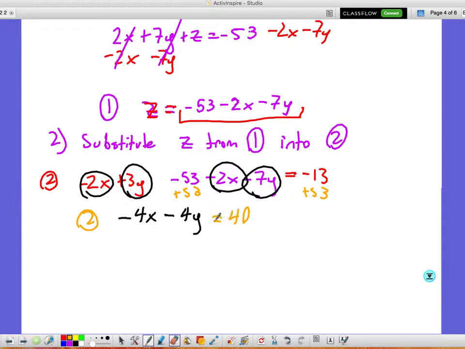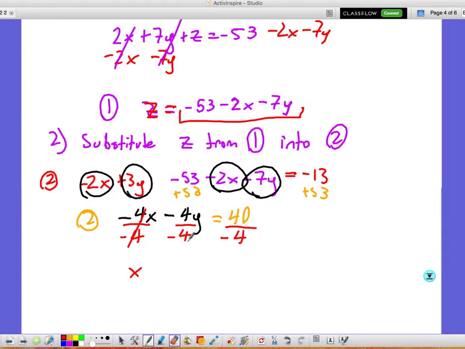Can I simplify this any further? Here I have negative 4, negative 4, and 40, so you can divide every term by 4. But what if we divide by negative 4? Let's give that a try. Negative 4 divided by negative 4 becomes 1, so we have x.